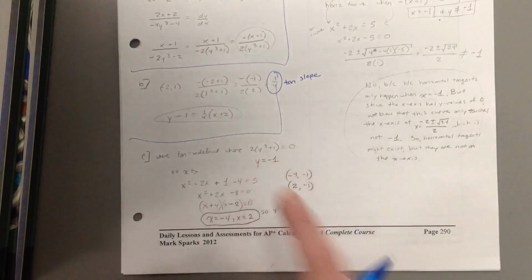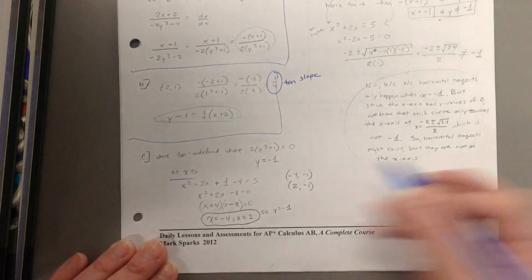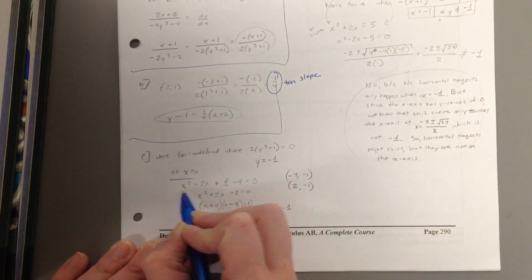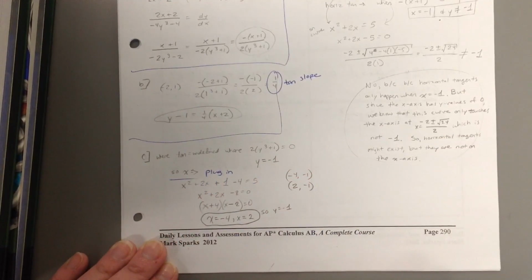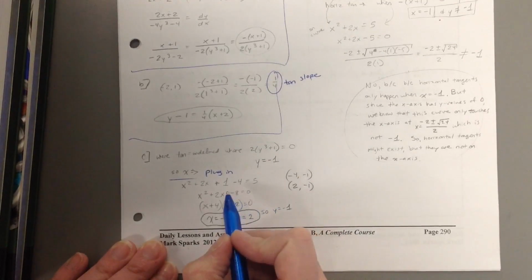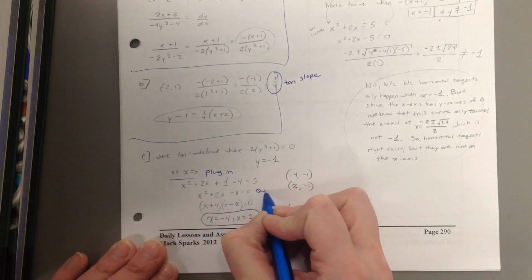So knowing that, I need to find x because they told me I should be able to find x and y to get my ordered pairs. So if y is -1, I just plugged it into the original curve equation, not a function, it's just a curve. Whew, sorry, got to get used to that. Plugged in -1, and I'm able to solve for x. It's a very nice quadratic.